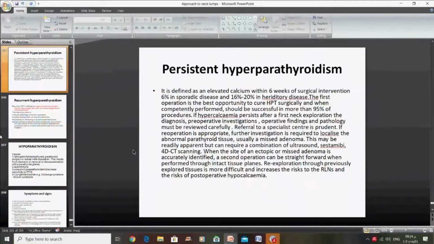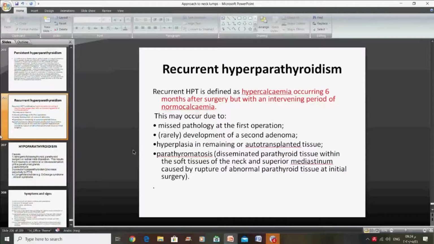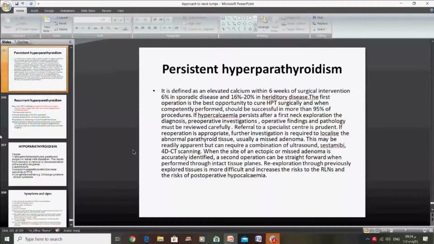عندنا مصطلح اسمه persistent hyperparathyroidism، وعندنا recurrent hyperparathyroidism. The persistent hyperparathyroidism: elevated calcium within 6 weeks of surgical intervention. يعني عملية تسوي له عملية، وراء 6 أسابيع الكالسيوم عالي. هذا يصير 6% in sporadic case and 16 to 20% in hereditary disease.